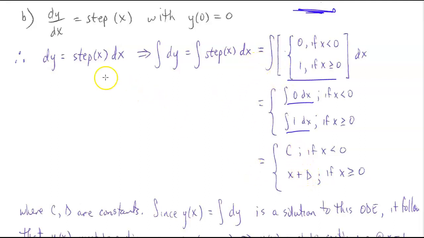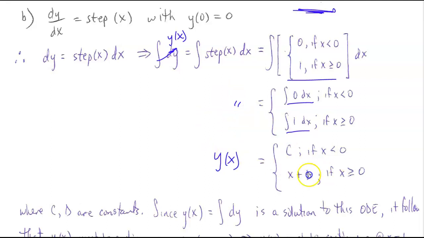So we see here that in general, note that this is going to be a situation where the antiderivative of dy is just going to be y of x. So all this is just going to be y of x is equal to this.